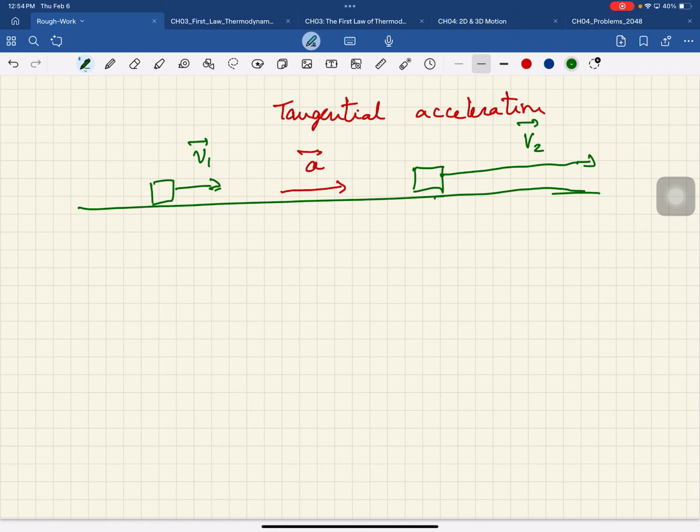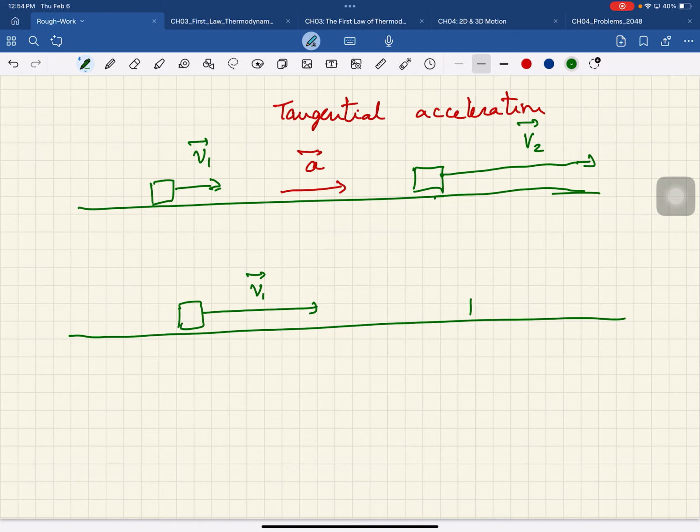Let me give you another example of this. Again, only the magnitude of the velocity is changing, the direction is not changing, except that since the magnitude is decreasing, the acceleration is pointing in this direction, but it's still tangent to the path.